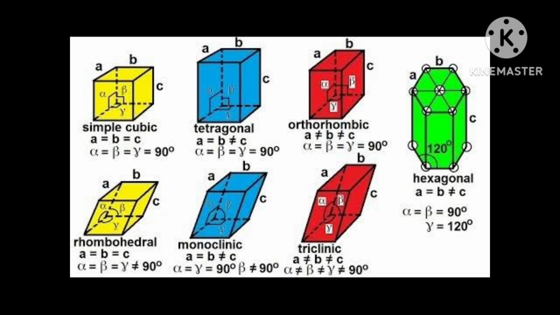Now I am going to discuss 7 primitive unit cells and their possible variations as centered unit cells. What I discussed last class, now I am going into details. I will discuss with examples all 7 structures.